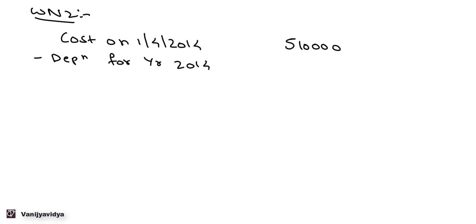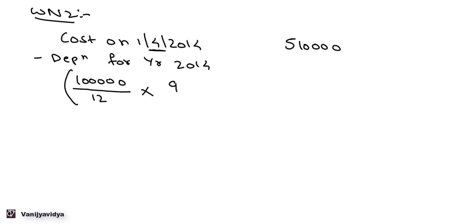What is the depreciation amount that we have calculated? 1 lakh. Now this 1 lakh is for the entire year, that is for 12 months. But here the asset was purchased in the month of April and the financial year ends on 31st December. So the asset was used only for 9 months. So 1 lakh is for 12 months.